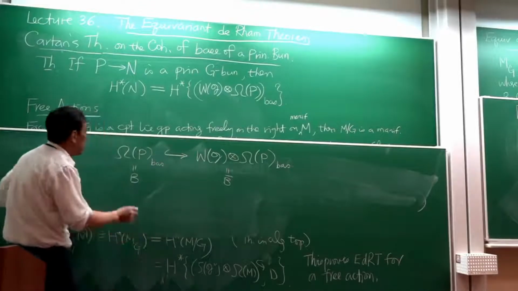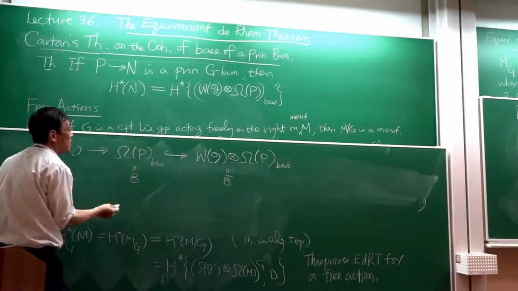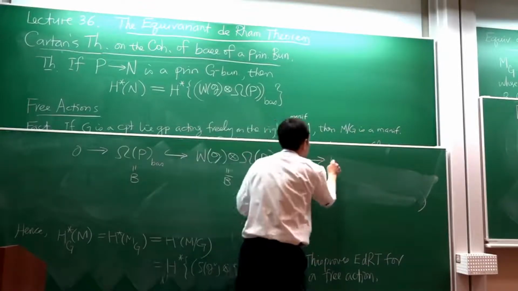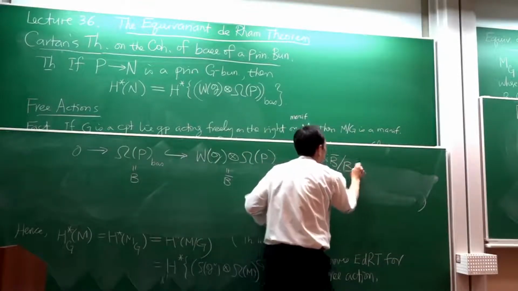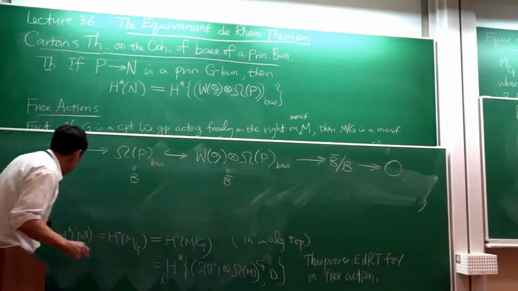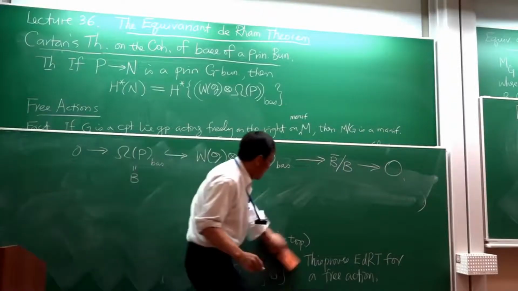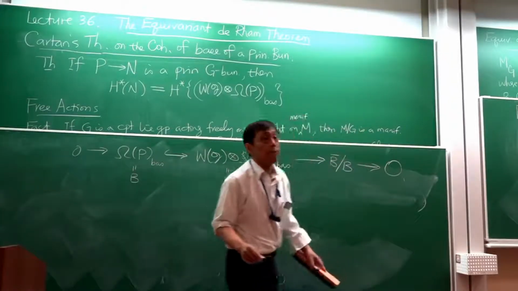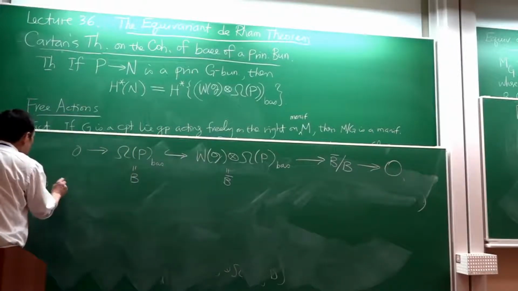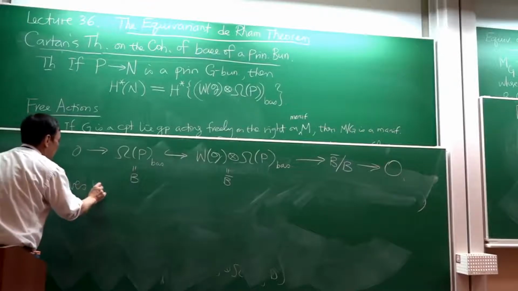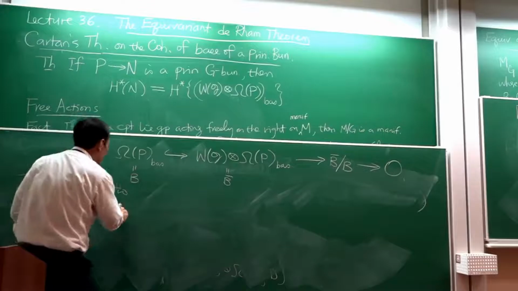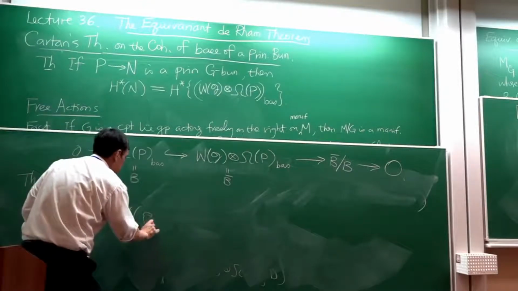And because you have an inclusion, then you can take the quotient and get a short exact sequence. And a short exact sequence gives rise to a long exact sequence in cohomology.